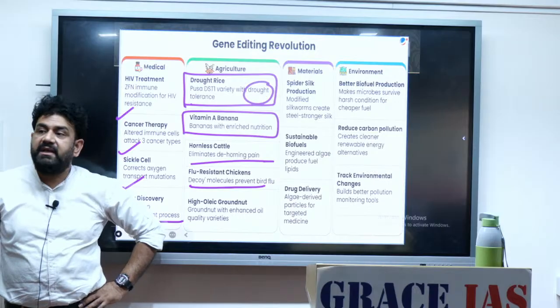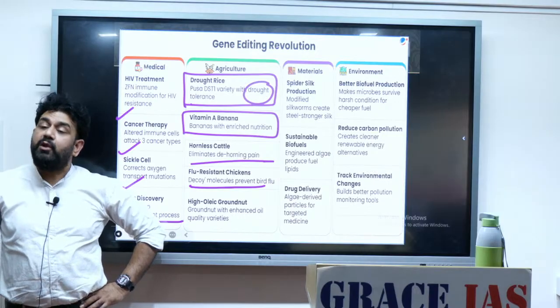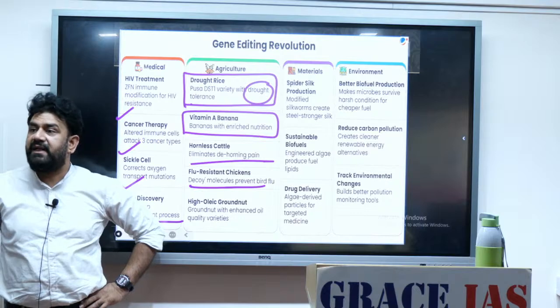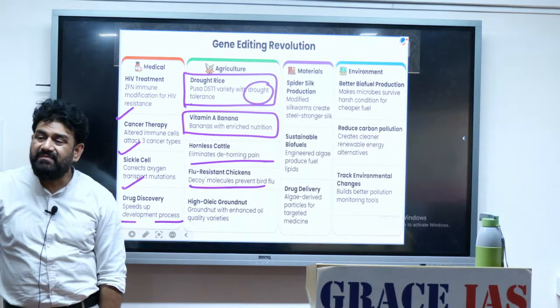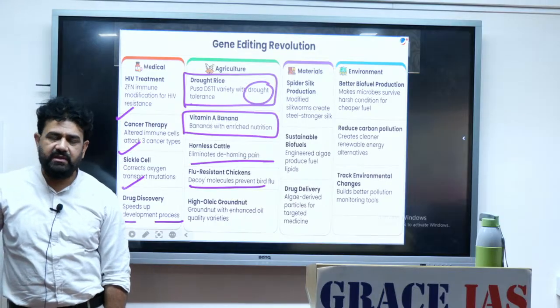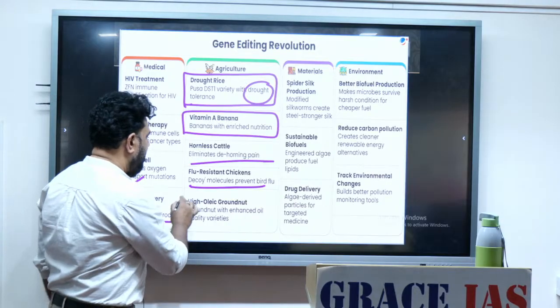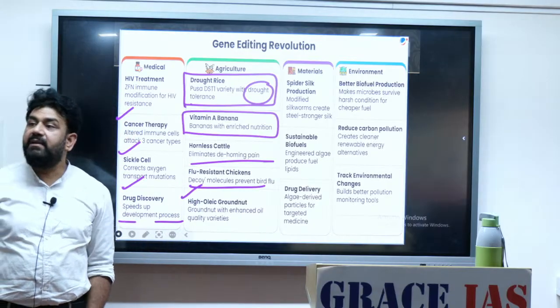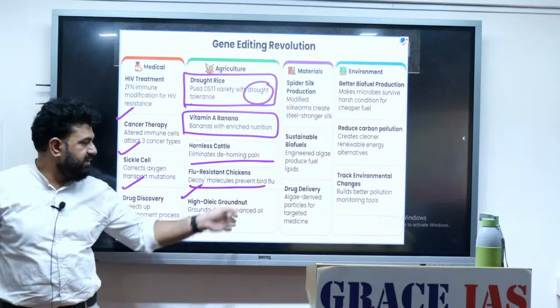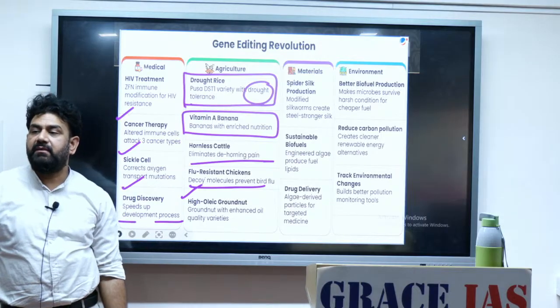Not only birds and animals died, humans also got infected, and many humans also died. To prevent it, flu resistant birds can be produced in general. Again, a lot of applications. High oleic groundnut. Oleum means oil. So groundnuts containing more oil can be produced using this gene editing.